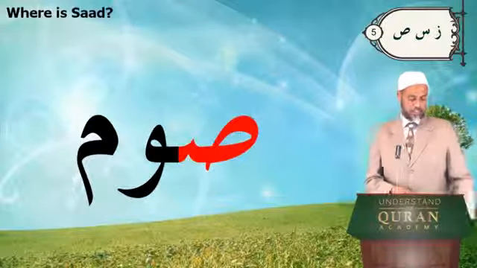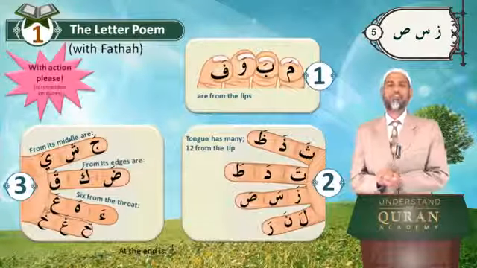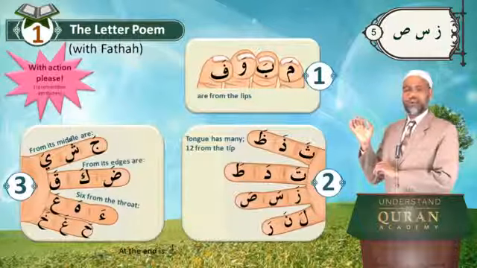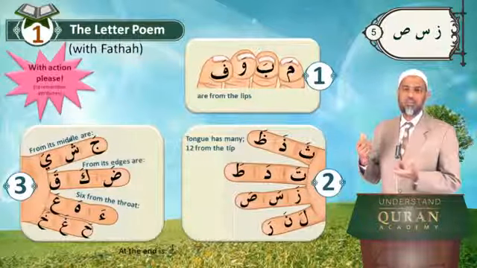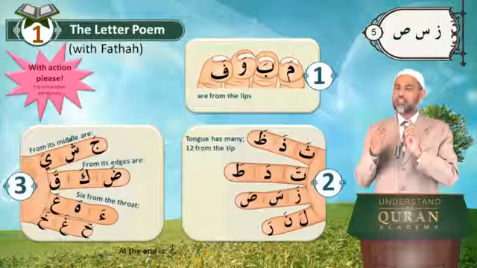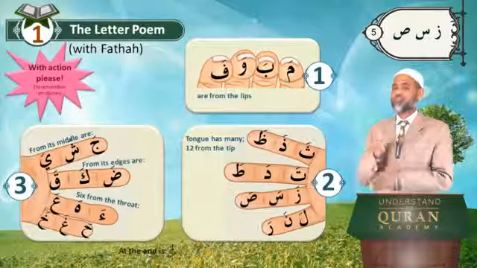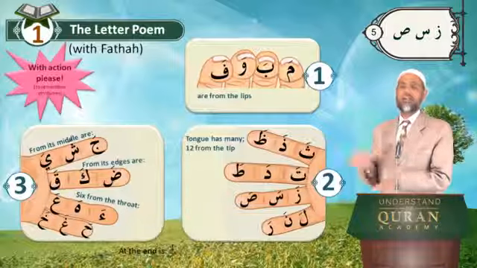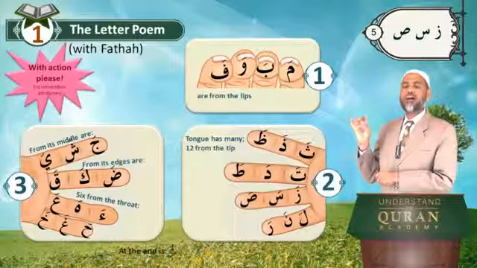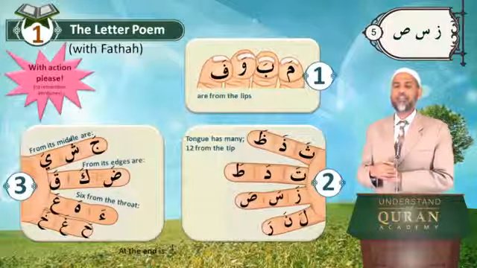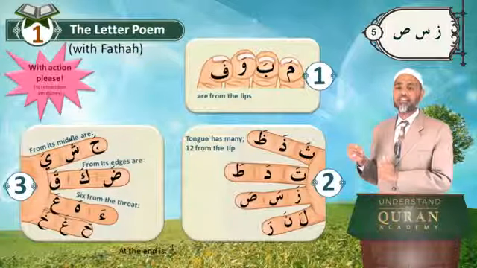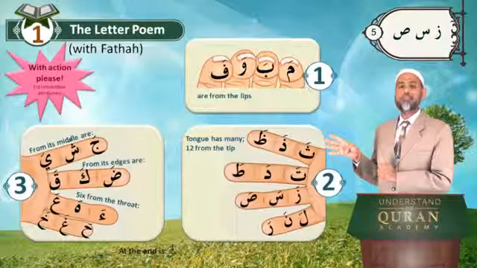So our poem is taking shape. Can you recite it with me? And it's very important. You learn the letters with their right makharij and their attributes if you practice with me. Ma, ba, wa, fa are from the lips. Tongue has many, 12 from the tip.